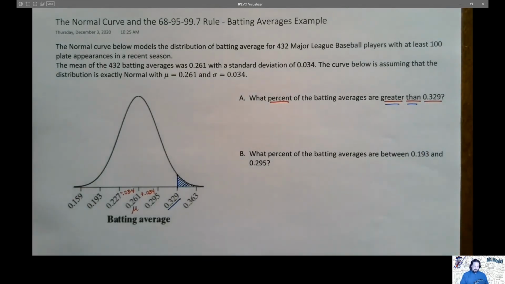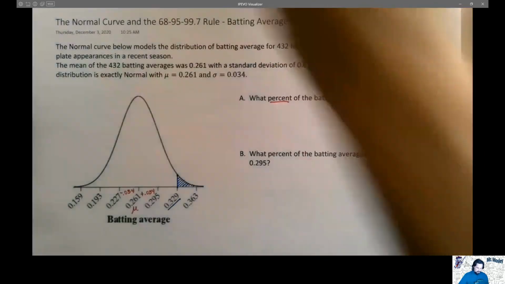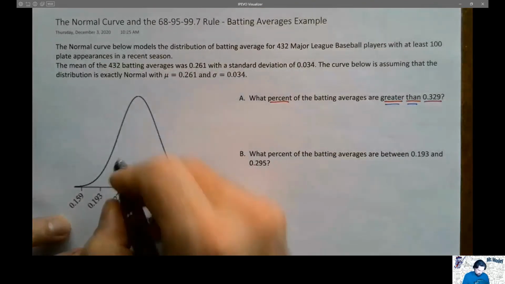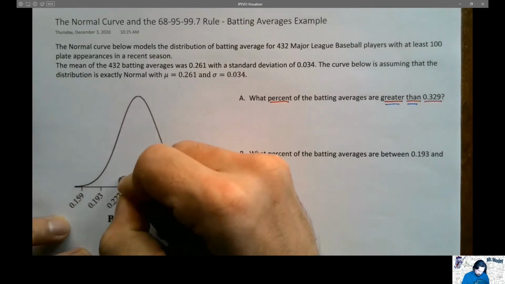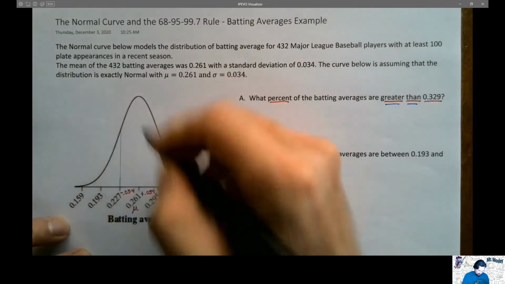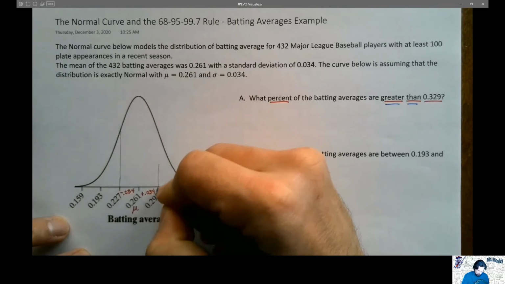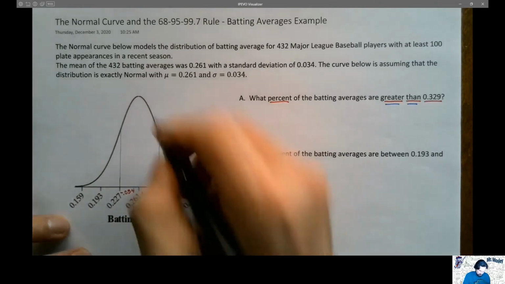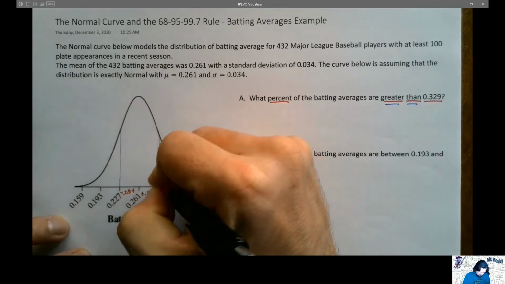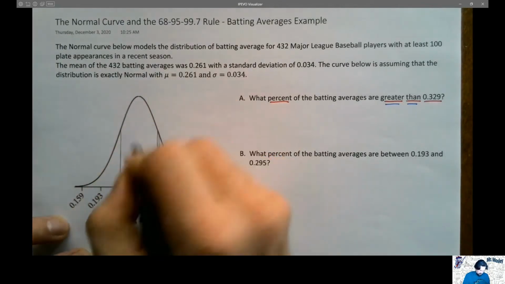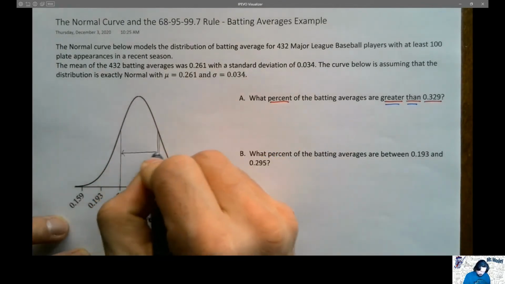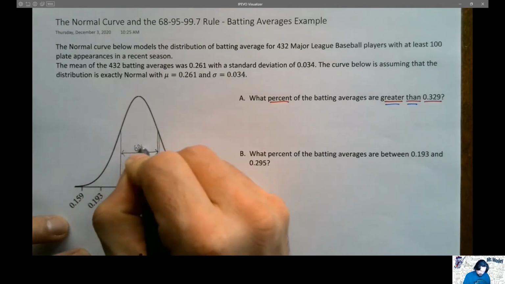Now, our 68, 95, 99.7 rule says that within one standard deviation, if I sketch this up here, give or take, it is not going to be perfect, but that's okay, this is 68%.